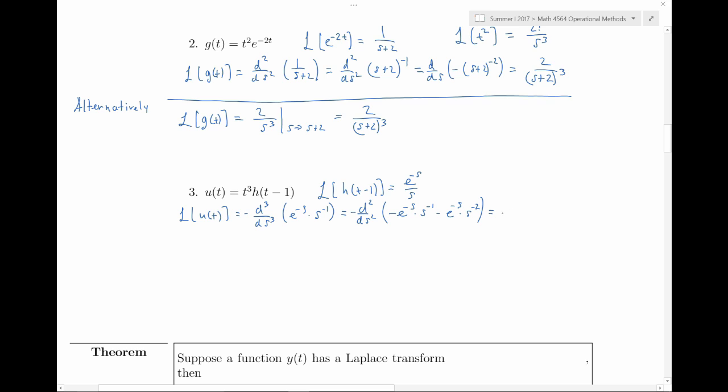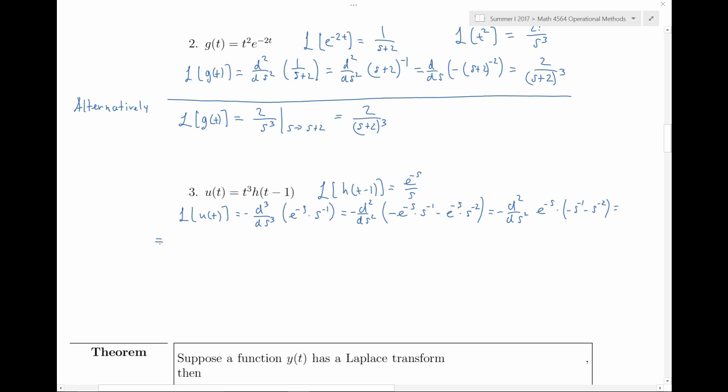Which can be rewritten as minus the second derivative of e to the minus s multiplied by minus s to the negative 1 minus s to the negative 2.